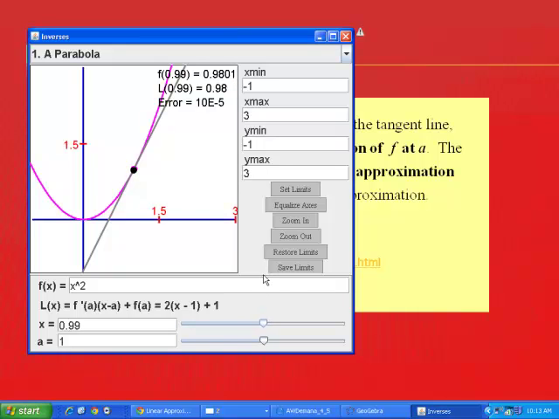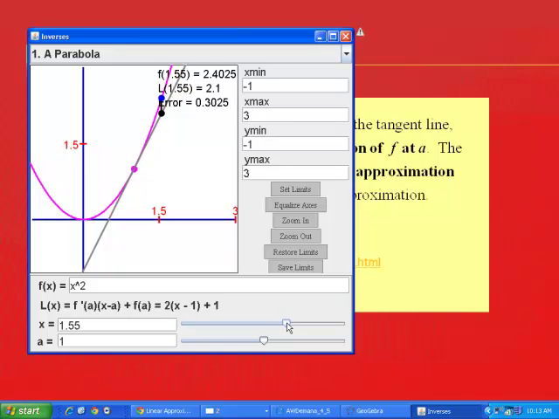And so what mathematicians did way back when is, if they at least could come up with the equation of the tangent line at a certain point, they could put in points very close to that a value, and instead of putting them into the function, they could put them into the tangent line and get a very close approximation. Now, notice that as I move farther and farther away, my error gets larger, and I can't really use that tangent line.